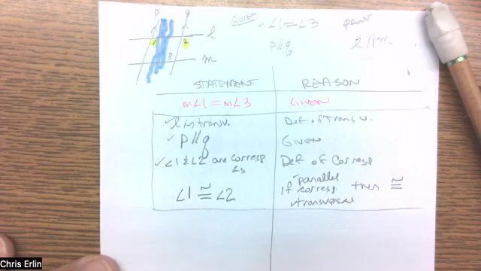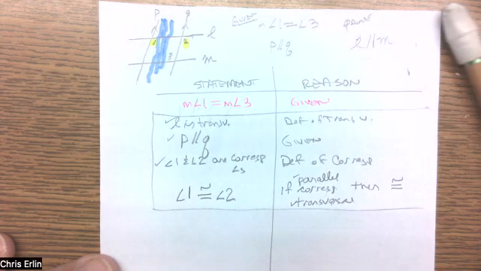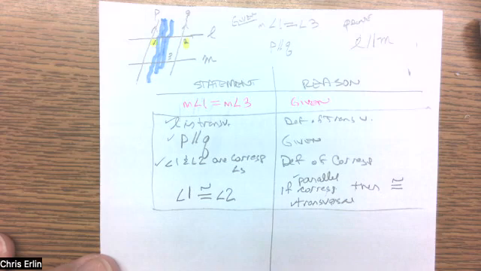If the measure of angle 1 is equal to the measure of angle 3 and the measure of angle 1 is equal to angle 2, then is angle 3 also equal to angle 2? I'm going to write angle 3 equal to angle 2. Is that notation correct? No. If we want to talk equals, we should put measures in front.